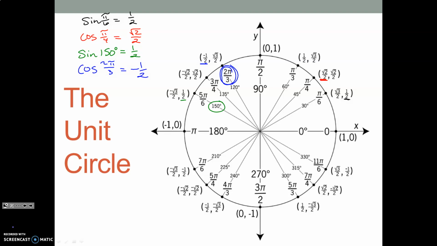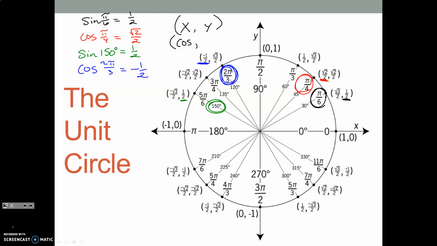So the way that this chart works is if you look at your x value of the location, your x value is the same as your cosine. Okay, so x value and cosine value are the same. Whereas if we look at our sine value, the sine value will match up with whatever your y value is.